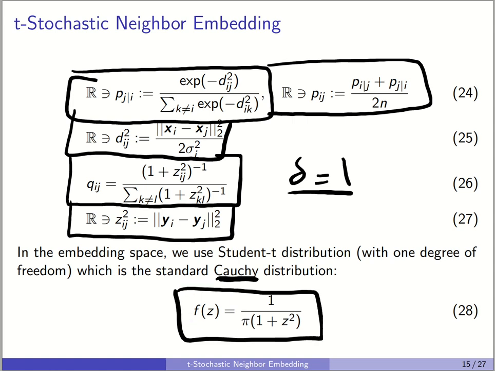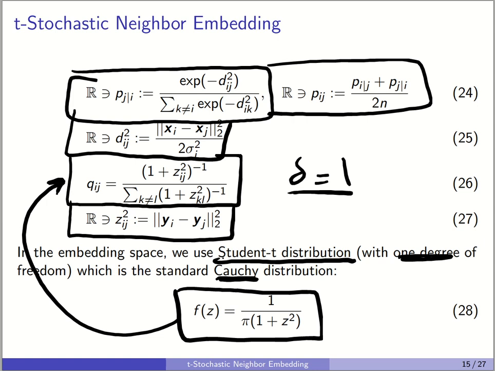If you search, you can find a proof on the internet of why these are equal. A student-t distribution with 1 degree of freedom, and you can see that we are using this here. So we can say that the original t-SNE uses the Cauchy distribution, and so it can be named Cauchy SNE rather than t-SNE.